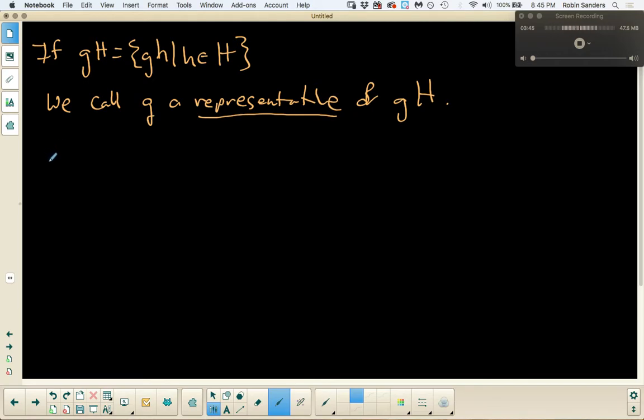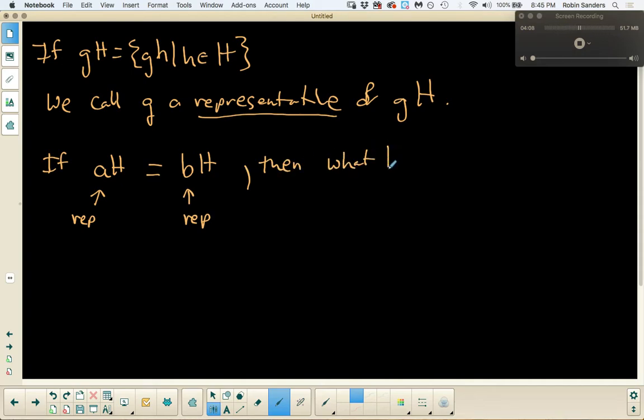Now, what we have to investigate is this idea. If I happen to have a coset aH, so that's my representative, and I happen to have a coset bH, so b is my representative, and if they happen to be exactly the same coset, then I'd like to know what happens. What kind of relationship do these two representatives have to have?